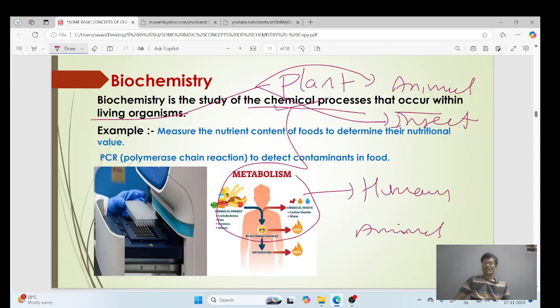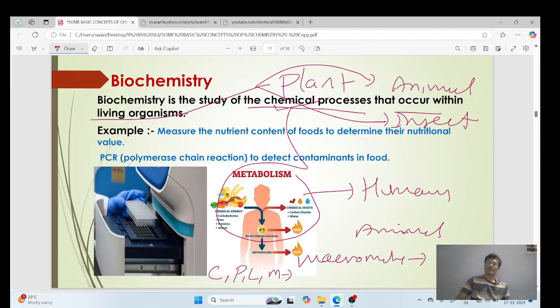So how do the macromolecules give ATP? The macromolecules are called carbohydrate, protein, lipid, minerals.